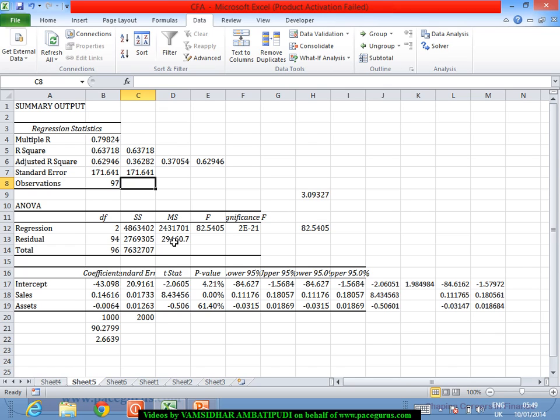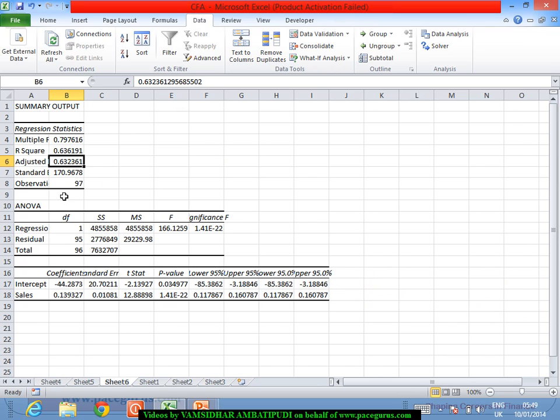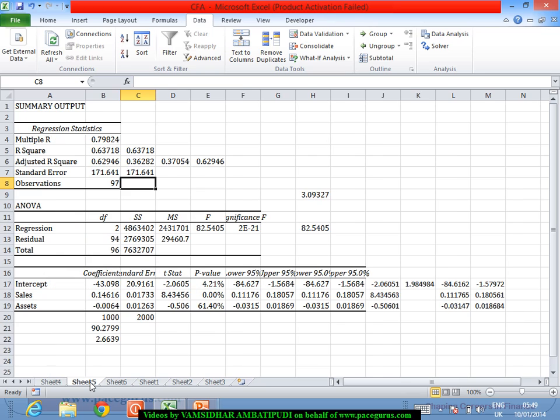So the standard error, now you see here, when there was only one variable, the standard error of the estimate was 170.96. But when I added one more, it has become 171. So basically the error is increasing with the addition of a new variable, which means the addition of the new variable is of no use because it's even increasing the error of the estimate.